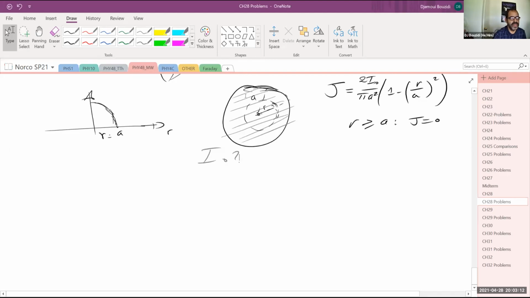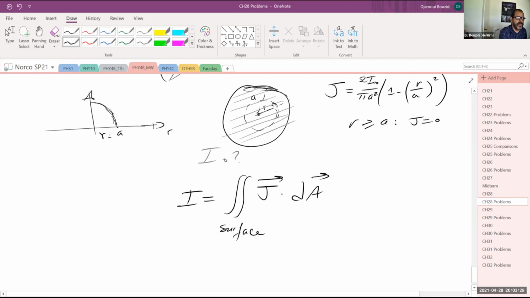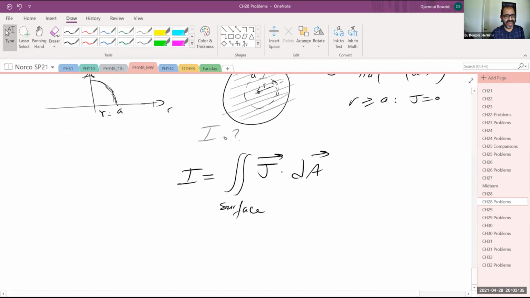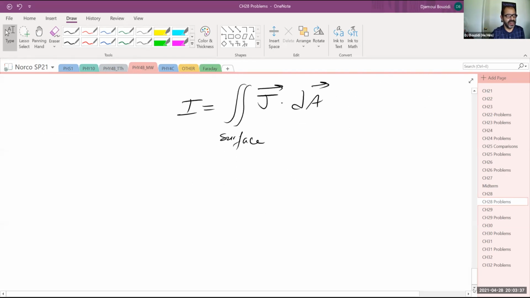So basically we have to sum J dA. So the current I is the integral through this surface of J dA. But because the surface has this circular symmetry, I'm going to take advantage of that and write dA in the following fashion.